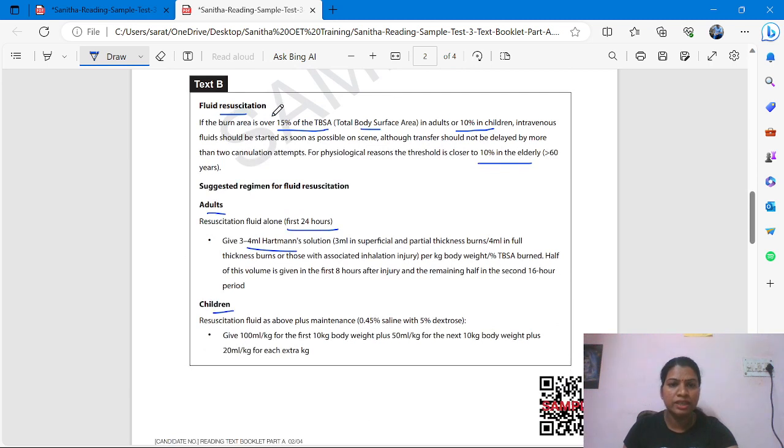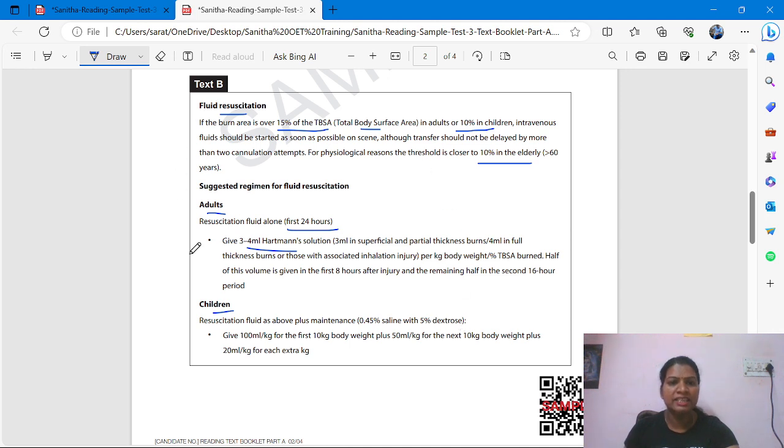Here they are saying fluid resuscitation. In children and in the elderly greater than 60 years, adult resuscitation fluid alone. For adults in the first 24 hours, suggest a regimen of fluid resuscitation. For children, resuscitation fluid as above plus maintenance 0.45 saline with 5%.